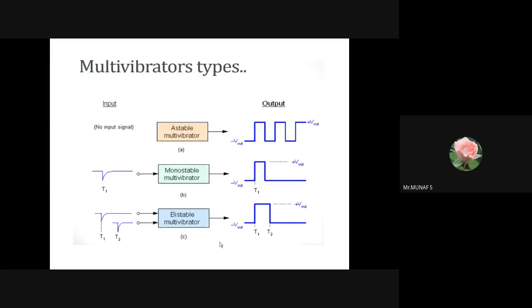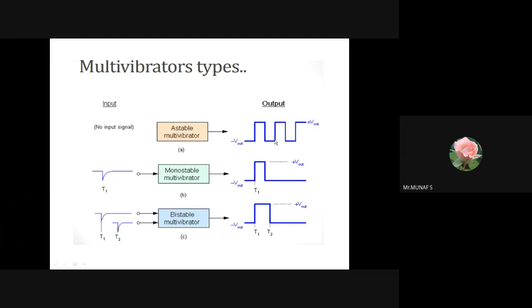Multivibrators, their operation types based on the input. In the astable multivibrator, there is no need for an input signal, but it generates a square wave at the output with 50 percent on time period and 50 percent off time period, so a 1:1 clock time period.